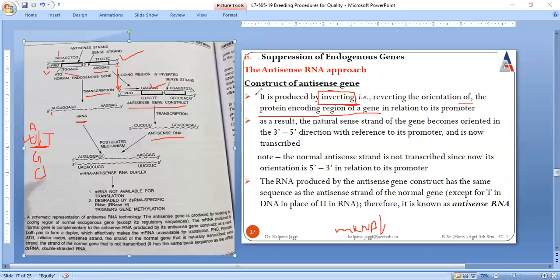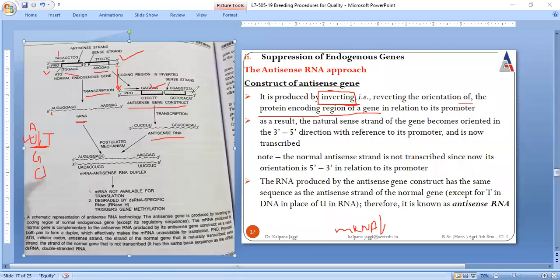I will read from here and it will be clear to you all. Before I read, I wanted to explain this concept so that it is easy to understand the points mentioned under construct. The very first is that this antisense gene construct is produced by inverting. As a result, this sense strand, again I repeat, is in the orientation 3' to 5'.